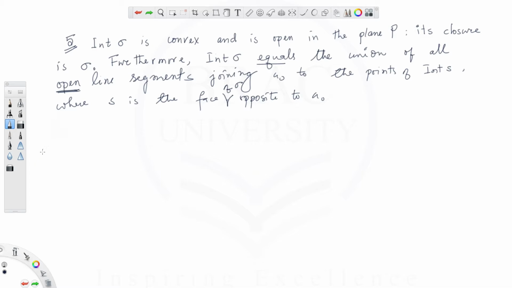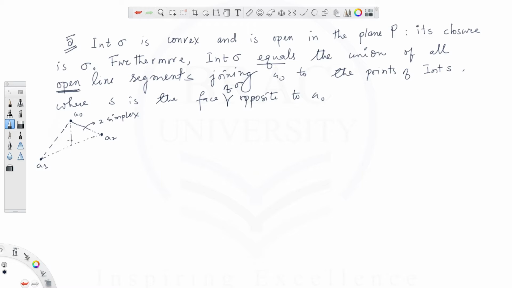Let me draw the boundary by dotted lines. So this is the boundary of the two simplex. Now this vertex is A1, this vertex is A2, and this vertex is A0. So we are taking all open line segments.